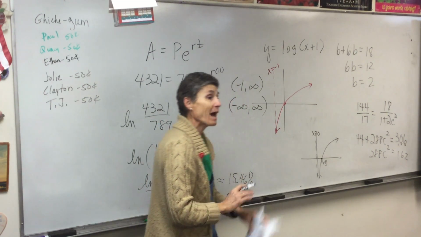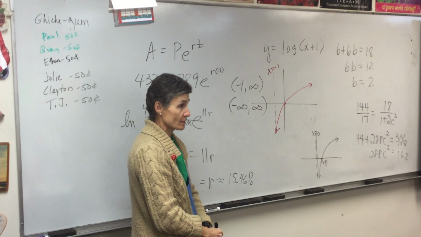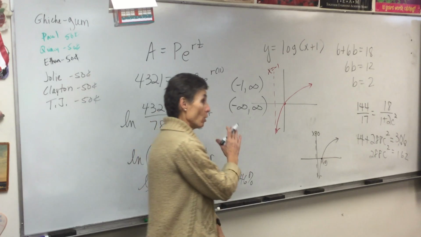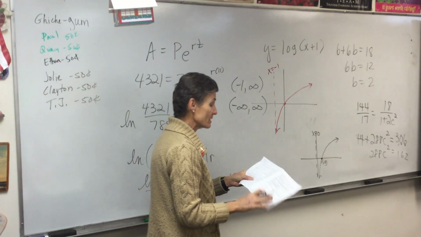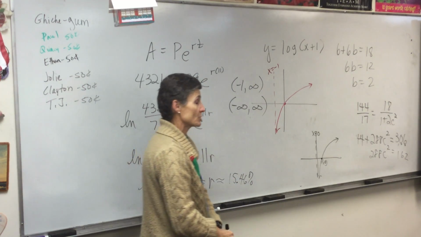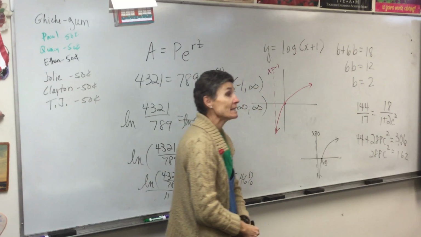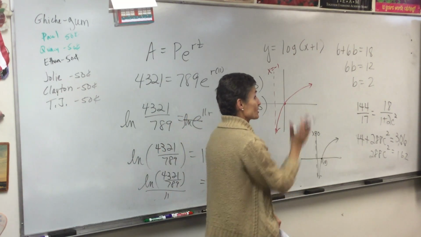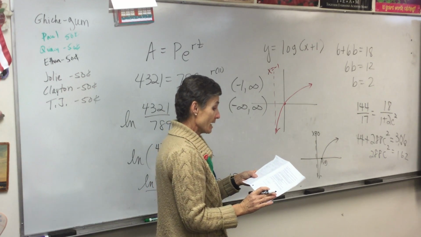No. Remember, bounded refers to ceilings and floors. Not walls, not left and right, but ceilings and floors. Does it have any extrema? No. Extrema, remember, are hills and valleys. We're getting ready to talk about curves that have extrema, your sines and cosines, but not this guy.